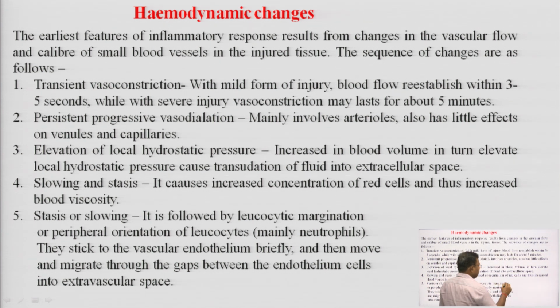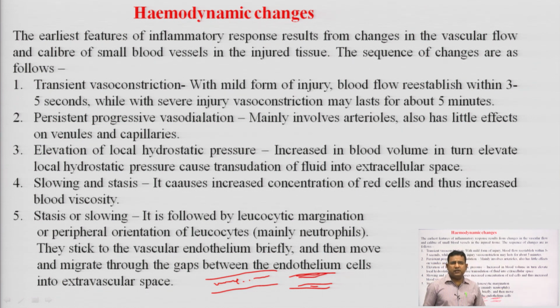Suppose all the cells are flowing in the center. In margination, they will flow along the periphery like this. Okay. So, this is the margination. Here the cells will be marginated. Which cells? Different leukocytes, mainly the neutrophils. Okay. So, this is what can be seen.